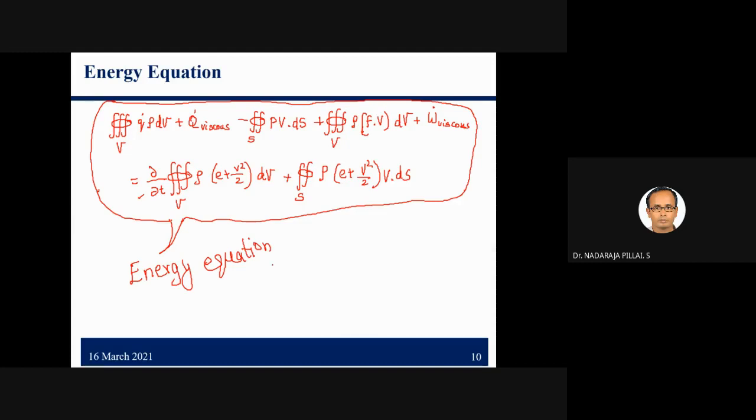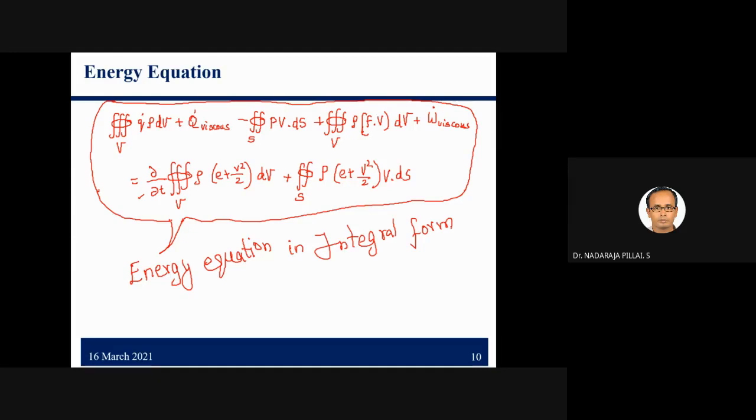This is the energy equation in integral form. Right? So as usual, we reduce this equation.